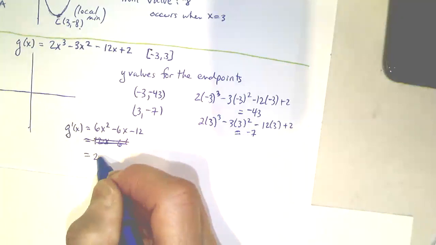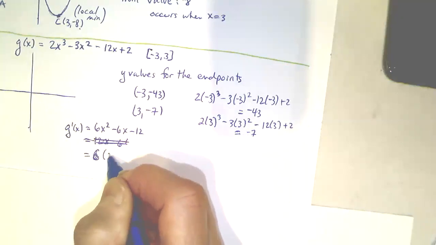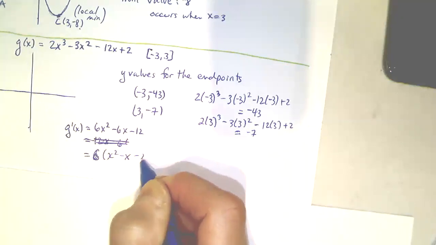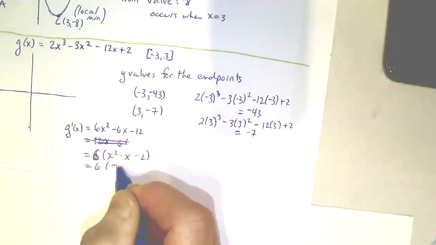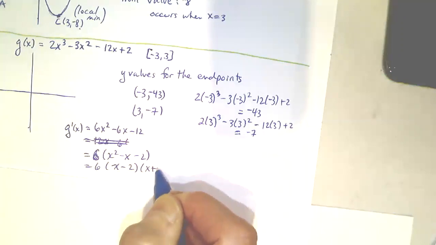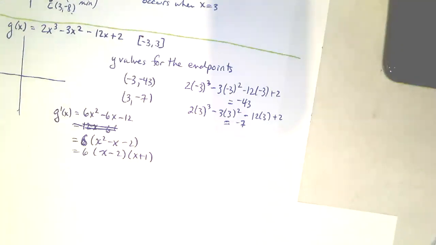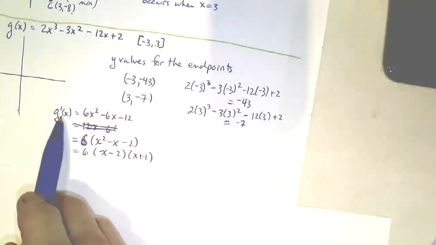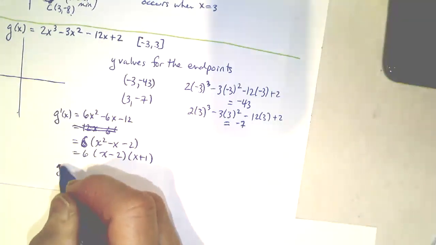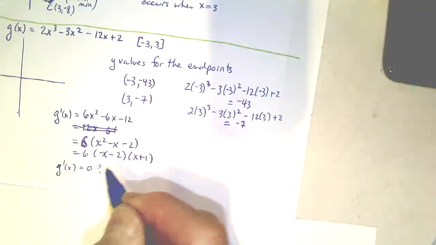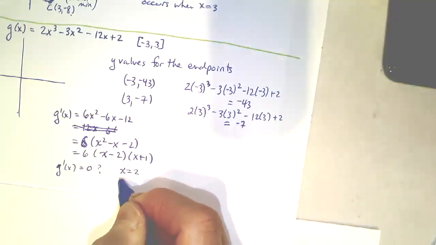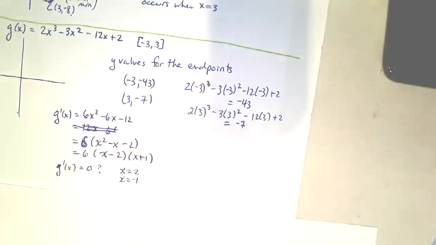Take out a 6, and you're left with x squared minus x minus 2, which is (x minus 2)(x plus 1), and it neatly factors. Now we know that there are potential local maxes or local mins where the first derivative equals 0, which occurs when x is 2 and when x is -1.